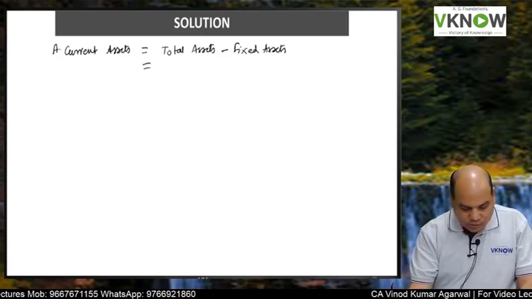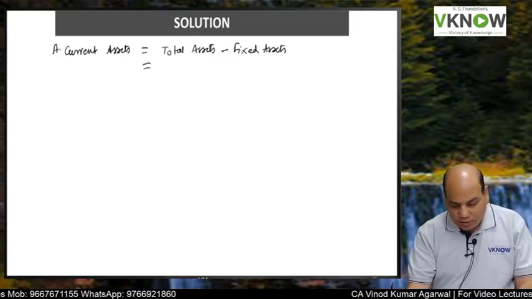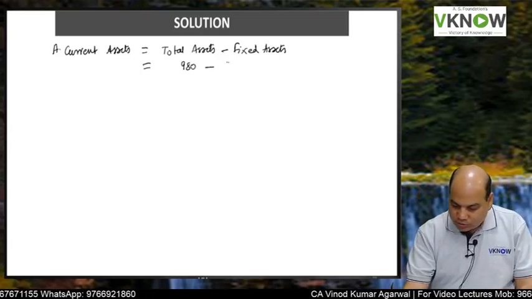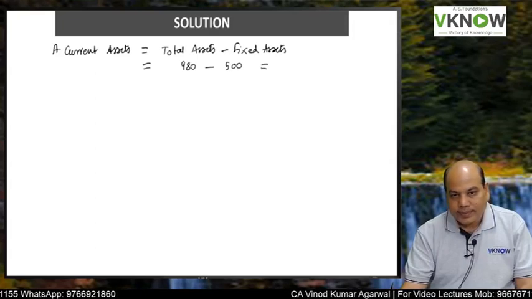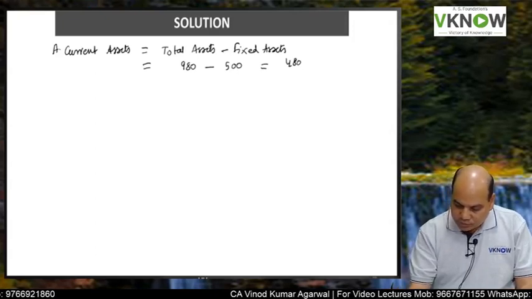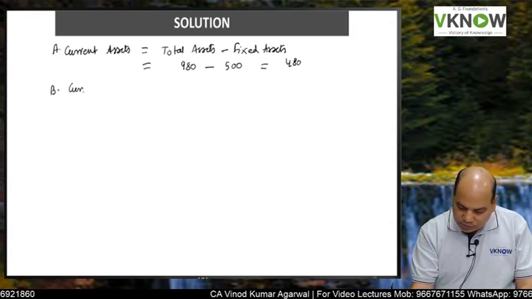So total asset side is 980 minus fixed asset, how much is that? So what is the answer? And B, write down current liabilities.